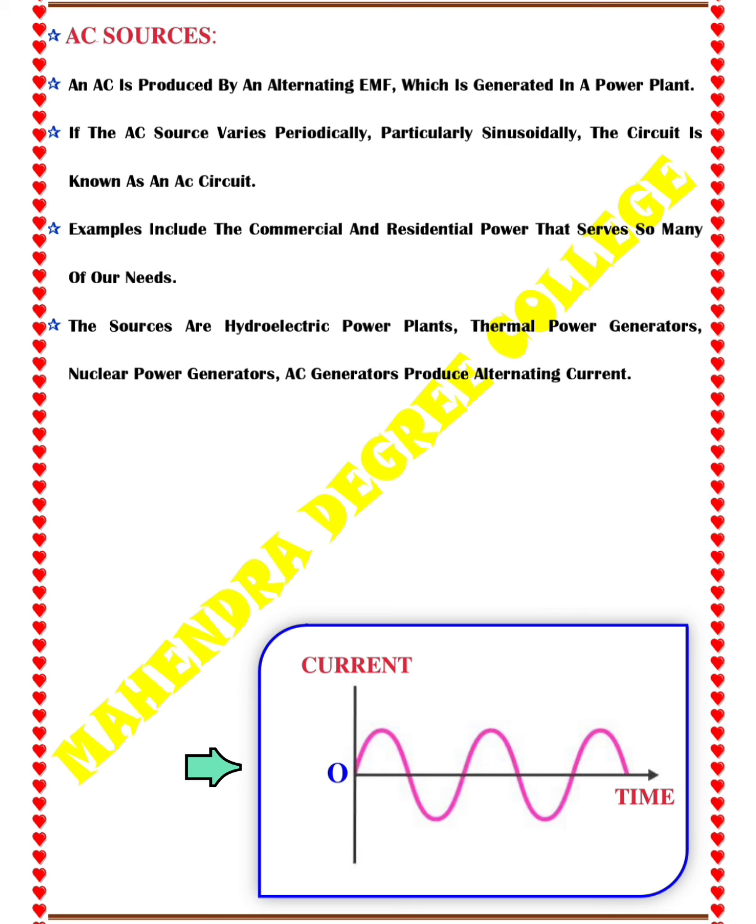Uses of this graph: to understand how alternating current varies with time, to compare with direct current, which is a straight line, to explain frequency, amplitude, and phase in alternating current circuits.